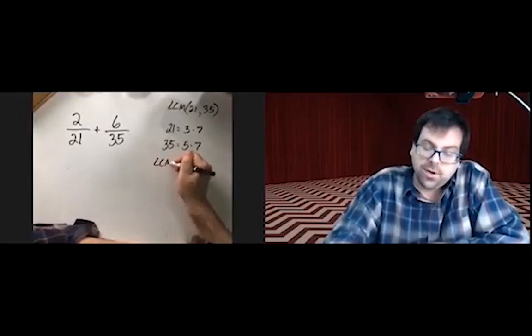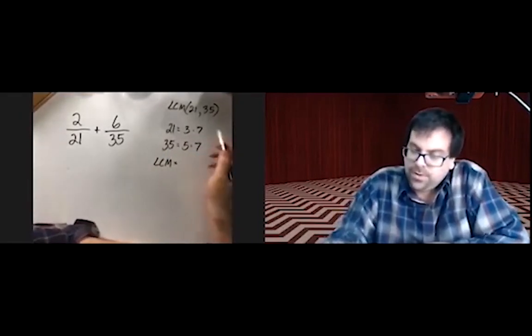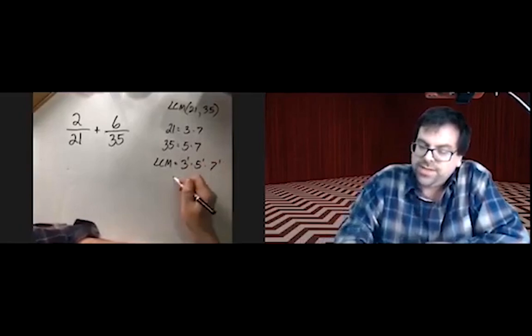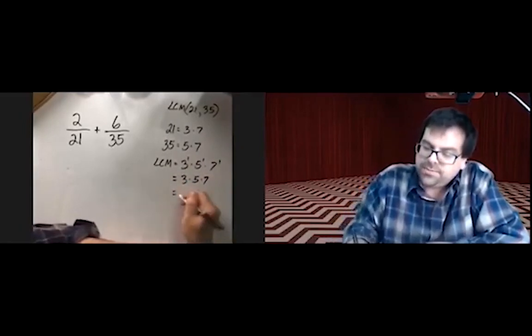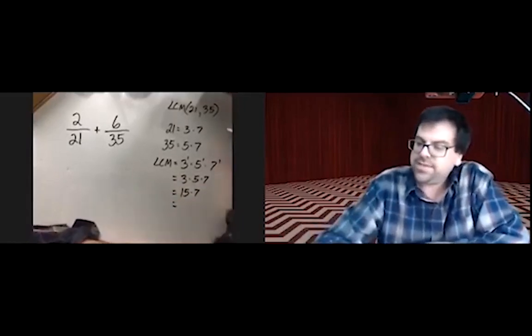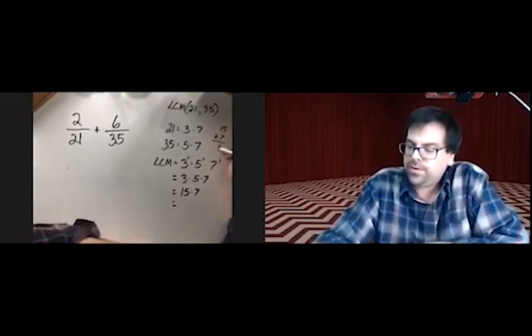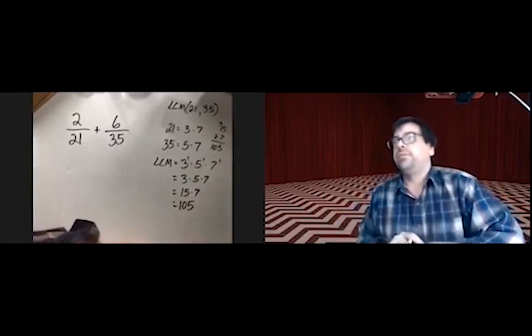So, least common multiple: all the bases we have, a 3, a 5, a 7, all just raised to the first power. So that's 3 times 5 times 7, which is 15 times 7. Carry the 3, which is 105.